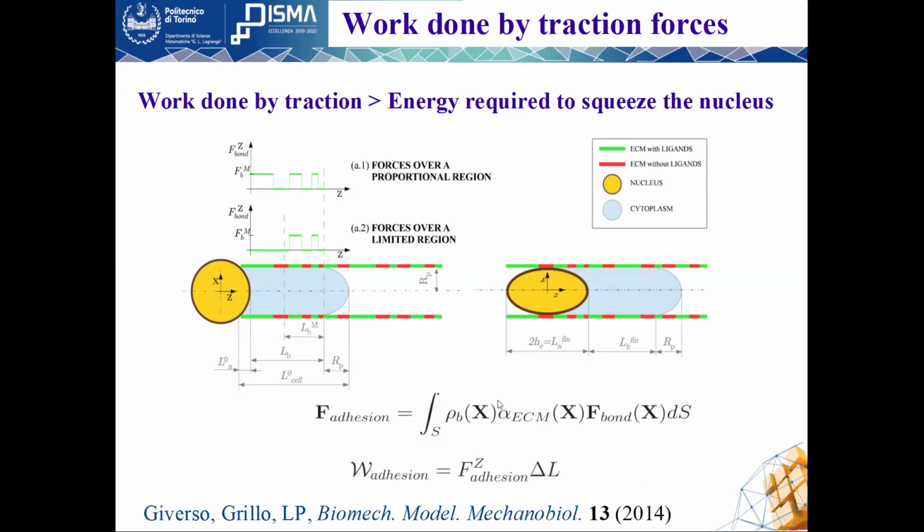So I have only to compute this integral: the integral on the surface of the membrane in contact with the wall, times the density of the bonds of the cell, the density of the extracellular matrix, or if you want the mass function of the wall, it can be anything, times the force. So in the easiest case, these are all constants that you can find out.